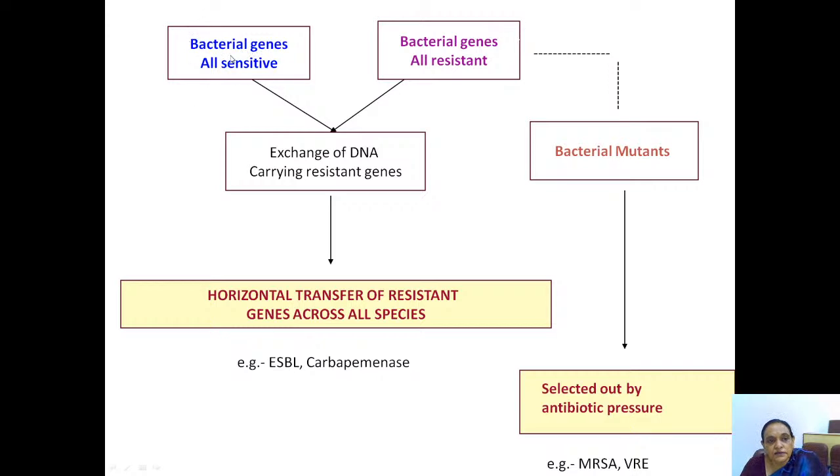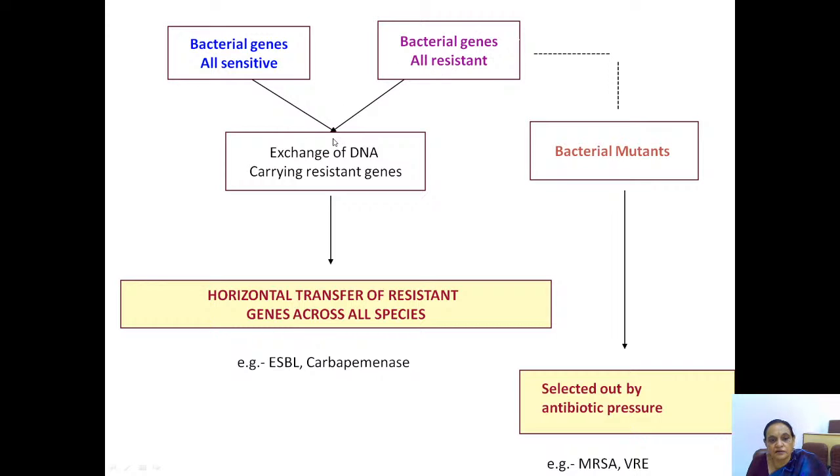Then the other reason why resistance genes disseminate so fast in bacteria is the rapid dissemination across bacterial species, across genera, across organisms. As I showed you in the previous picture, there is a pool of bacteria with genes which are sensitive and genes which are resistant.